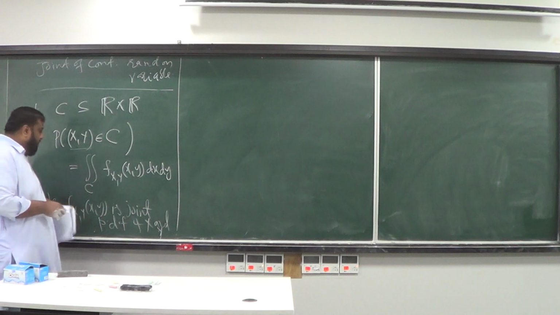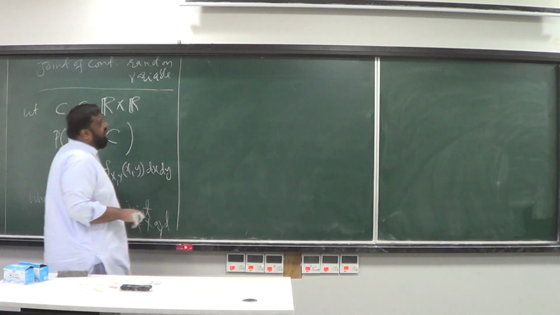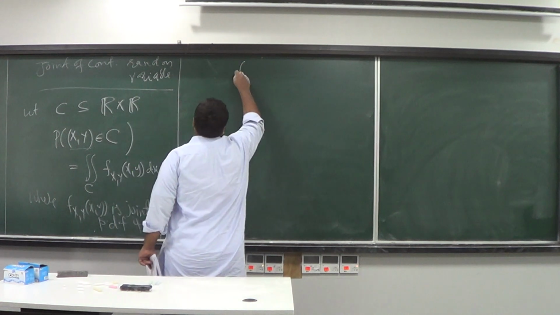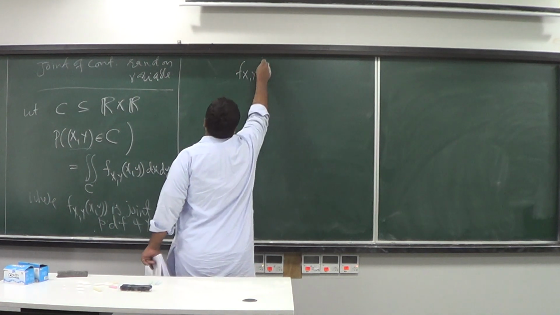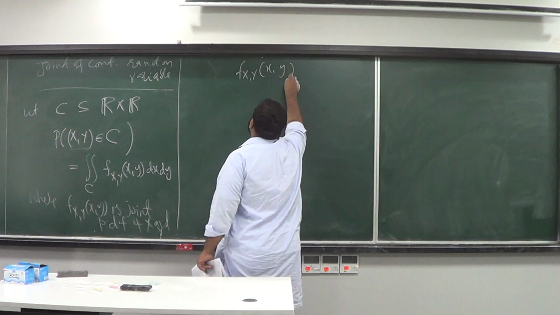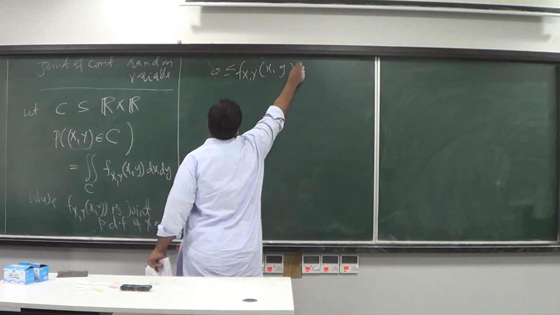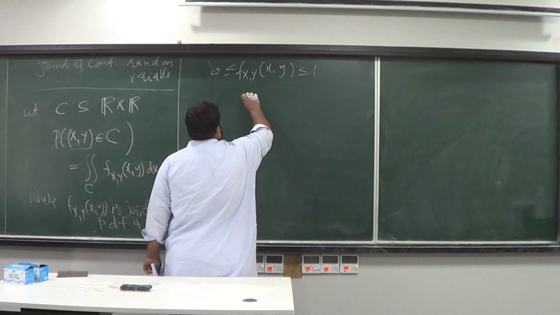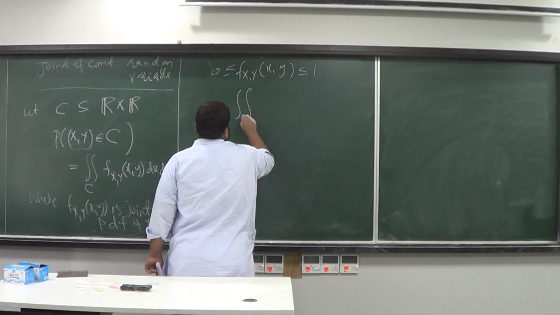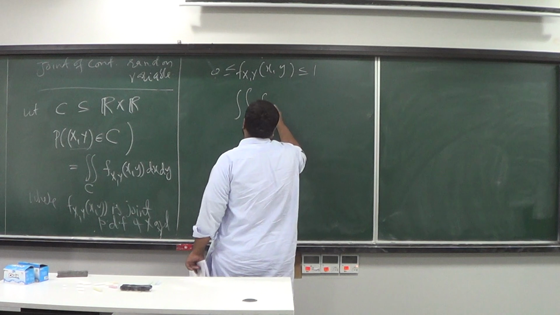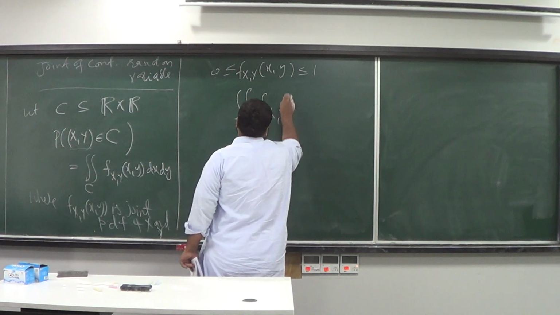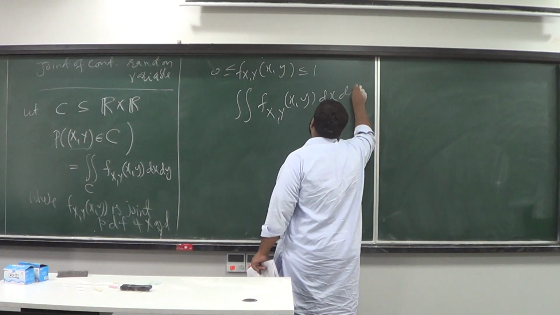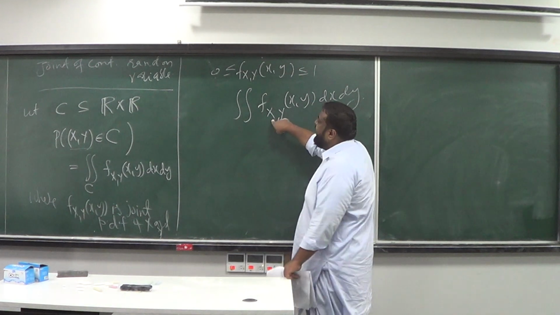What would be the basic properties of such a PDF? Obviously all of the values this PDF takes should be non-negative. And the double integral of f_XY(x, y) dx dy, where x can take what value?